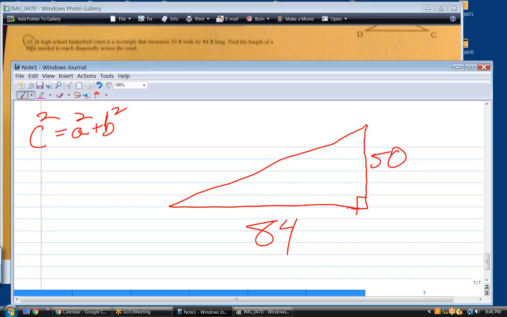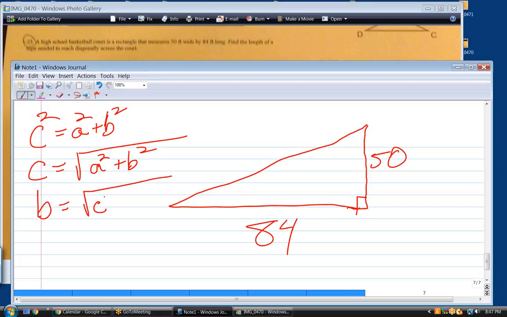I actually think that it's better to memorize, if you're solving for the hypotenuse, it's always the square root of the sum of the other two sides squared. If you're solving for one of the sides, say b, then it's got to be the square root of c squared minus a squared.